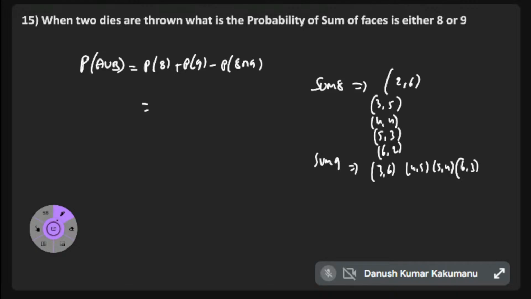Is there any outcome where the sum is both 8 and 9? No. What is the answer here? Sum 8 is 5 by 36 plus 4 by 36, 9 by 36 is the answer, 1 by 4. Very good.